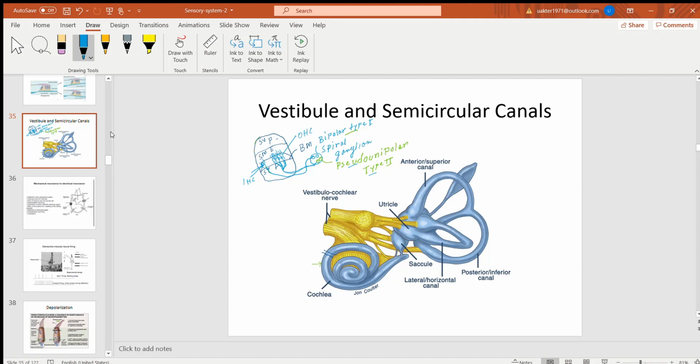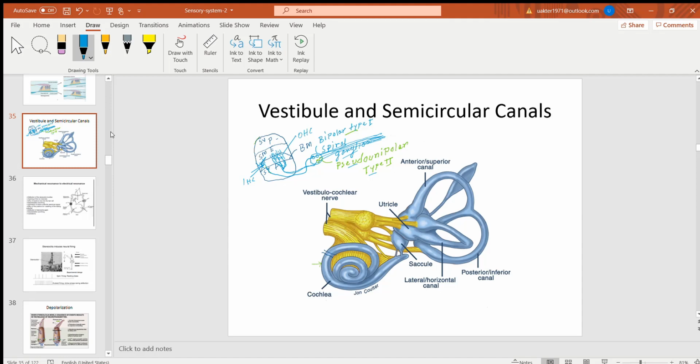And as I told you, about 95% of neurons in the spiral ganglion receive signal from the inner hair cells. That means that of the fibers from the ganglion cells going to the central nervous system, most are taking signal from the inner hair cells.